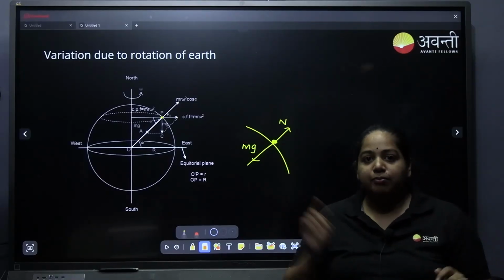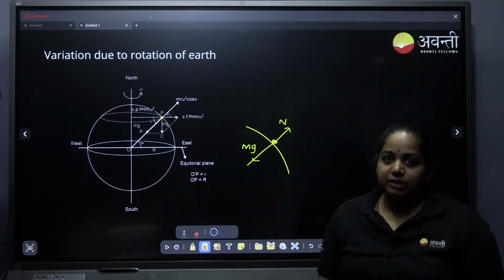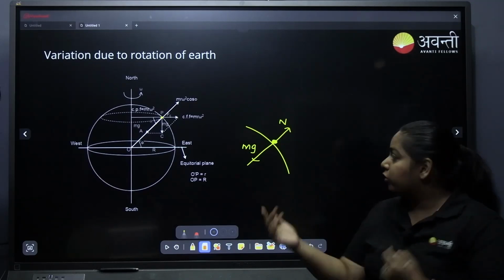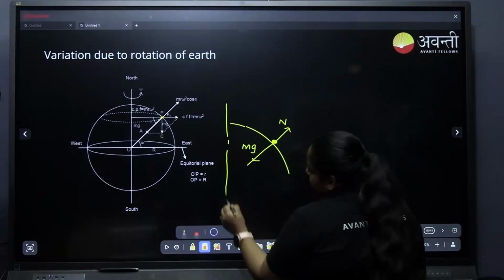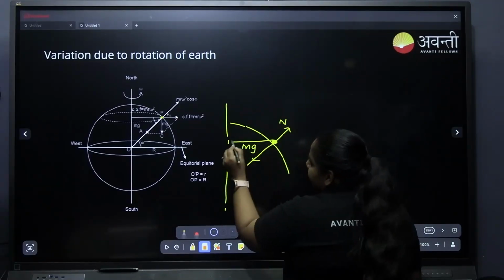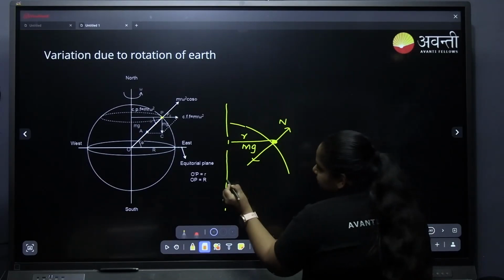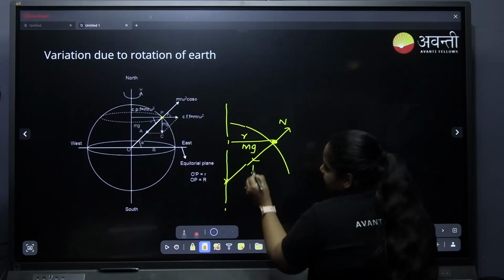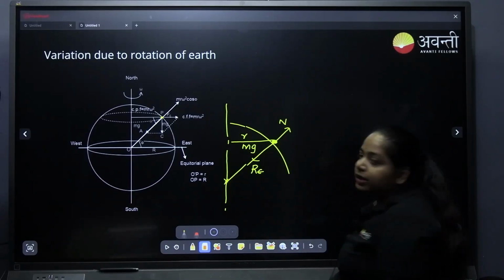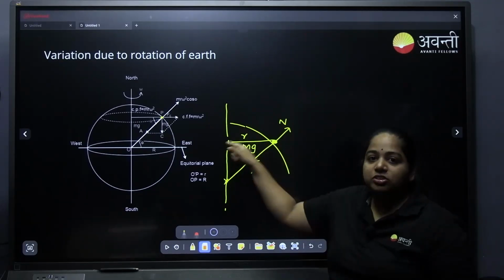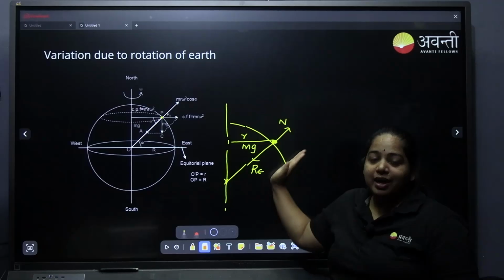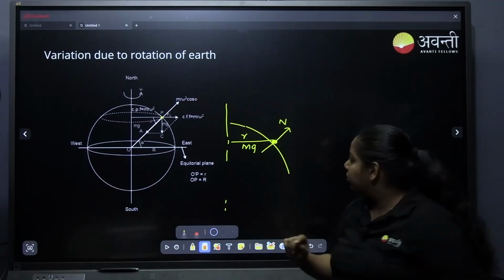Normally we say mg equals N, but in this case it is not, because of rotation of earth. This is the axis of rotation and the point is at small r distance. This is the center of earth, this is capital RE. See the difference? Small r is the distance from the axis of rotation, capital R is the radius of earth.